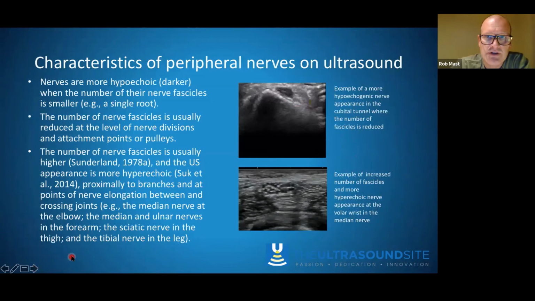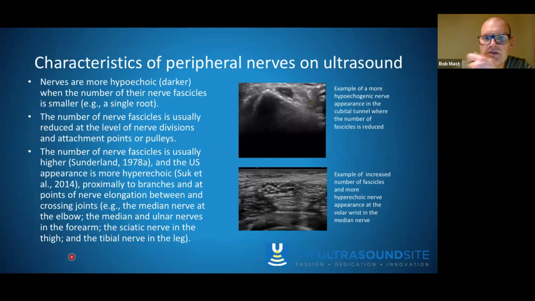Now, in terms of the structure and the characteristics of the nerves, that is also something quite unique and different to other structures. For example, nerves that cross a joint, let's say the wrist, or run alongside a long bone, but more distal rather than proximal, those nerve fascicles run in a very parallel format, so they're very segmented, and there are lots of them.